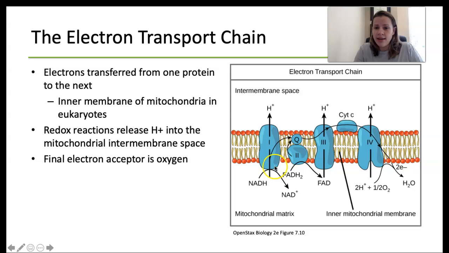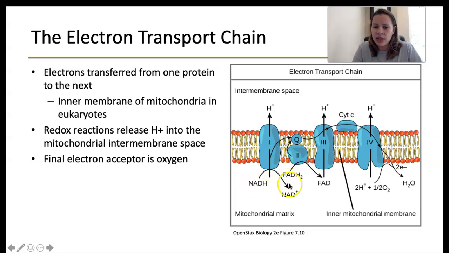These are embedded in the inner membrane of the mitochondria. So these electron carriers that were generated during glycolysis and the citric acid cycle go to the inner membrane, and they are oxidized by these proteins.